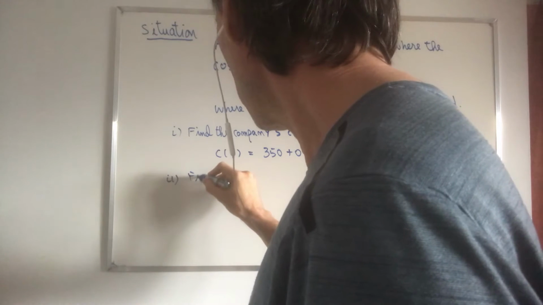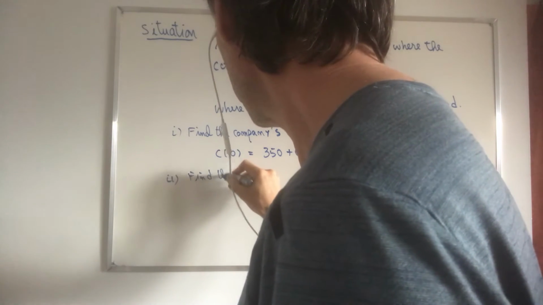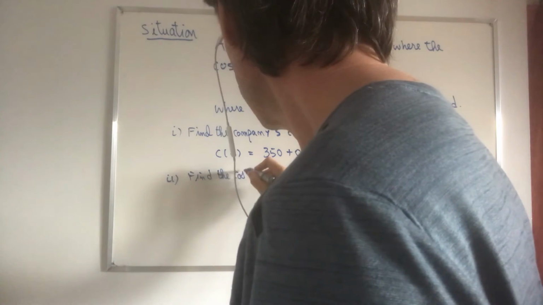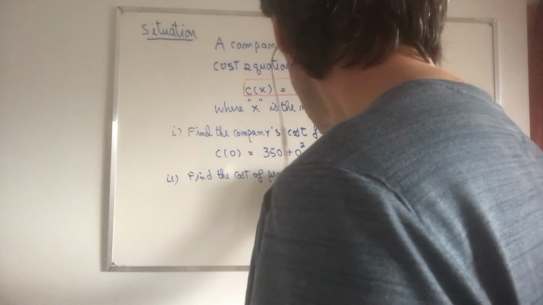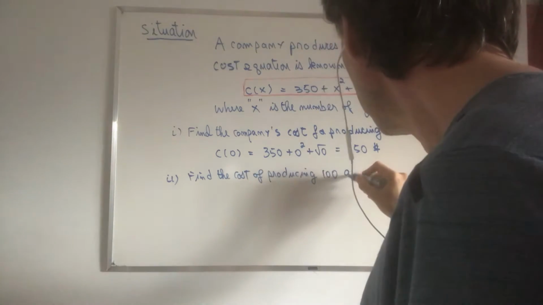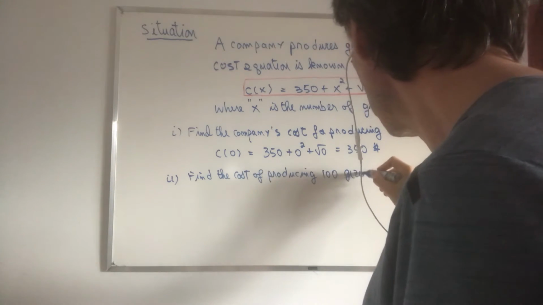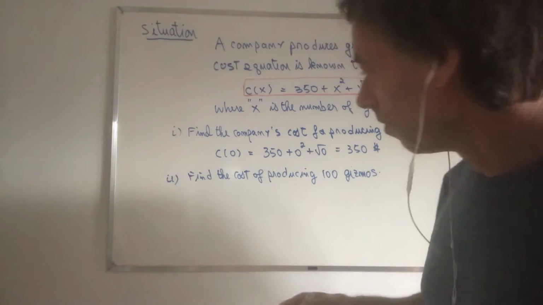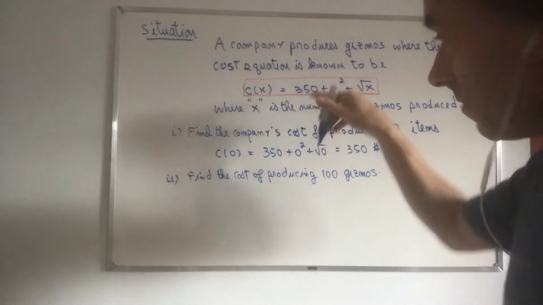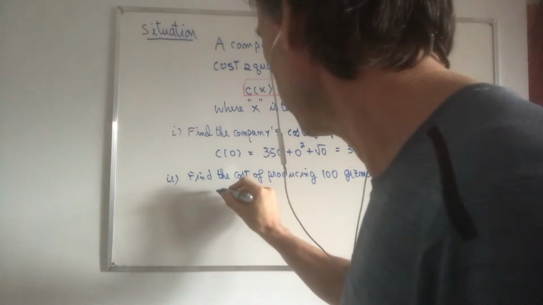Find the cost of producing, let's say, 100 gizmos. What is the cost of producing 100 gizmos? Well, this is my cost equation. X is 100, clearly.